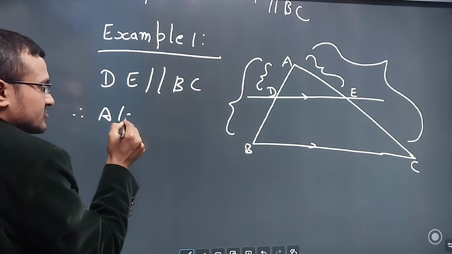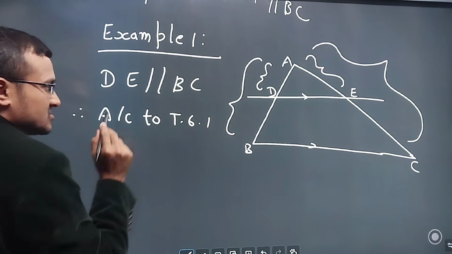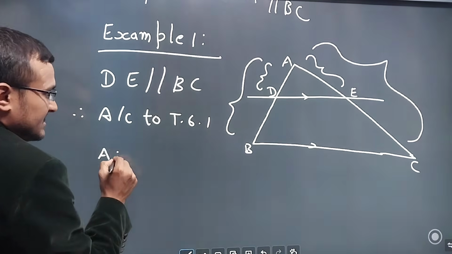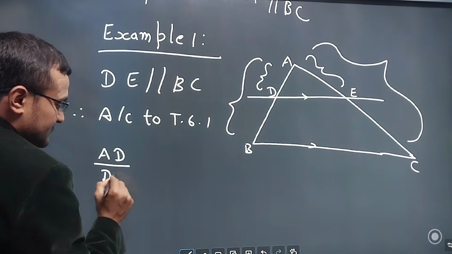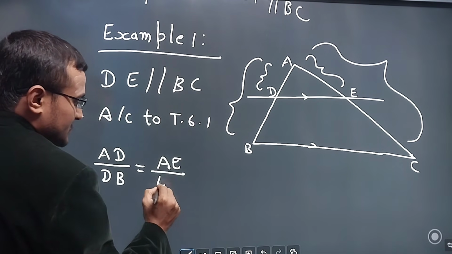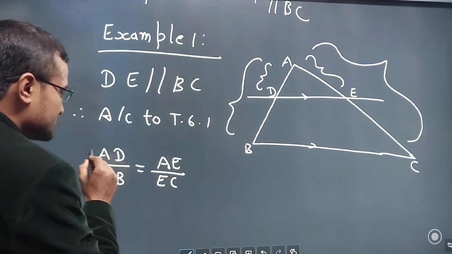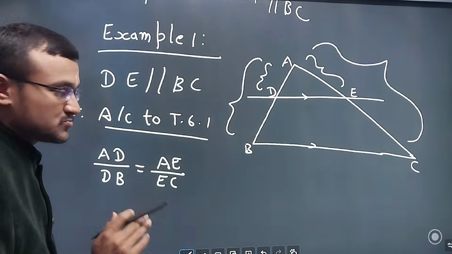Therefore, according to theorem 6.1, AD by DB is equal to AE by EC. So this is according to theorem 6.1.